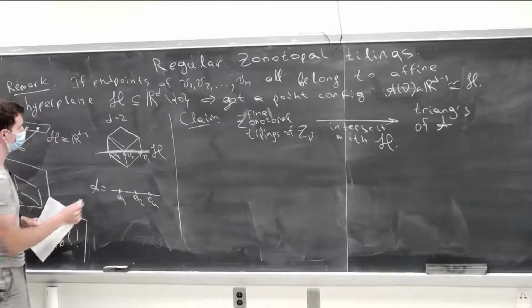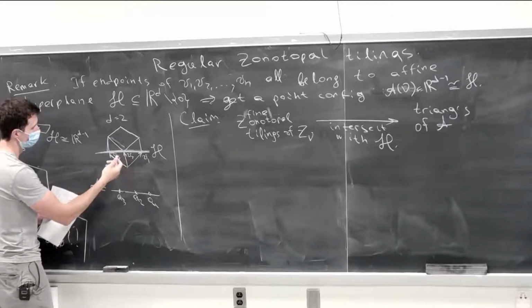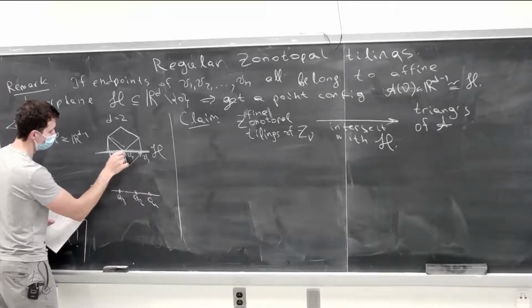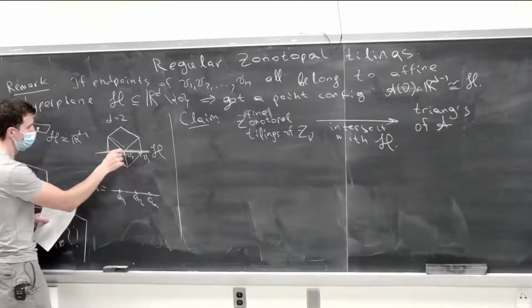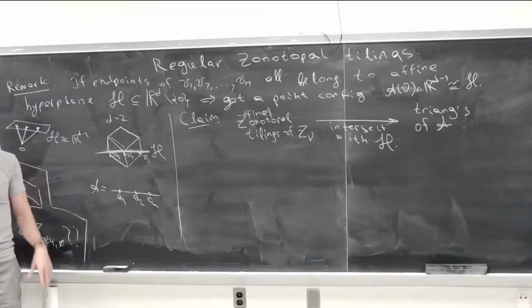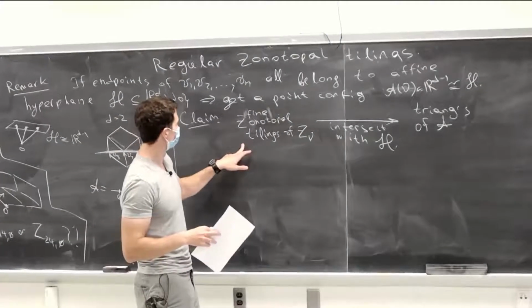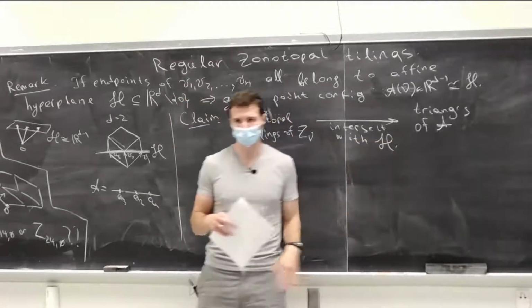And then each tile is like a giant cube, and you take one of those hypersimplex sections of that cube with the plane, and what you get is just a simplex. The first hypersimplex is just the usual simplex. So yeah, you can always go from fine zonotopal tilings to triangulations.